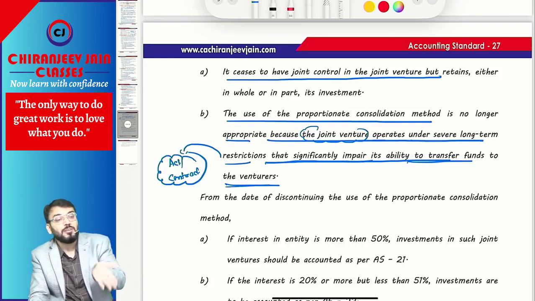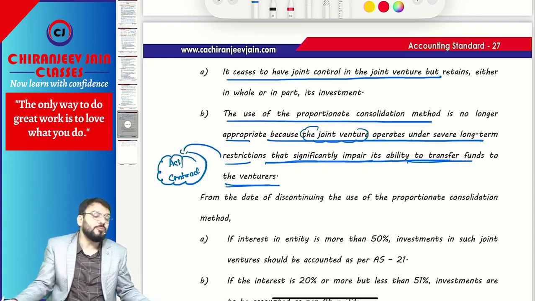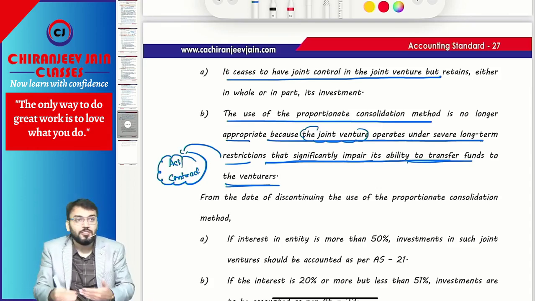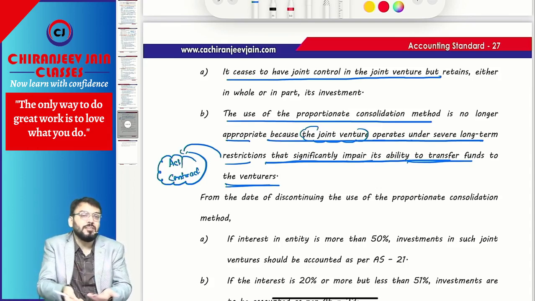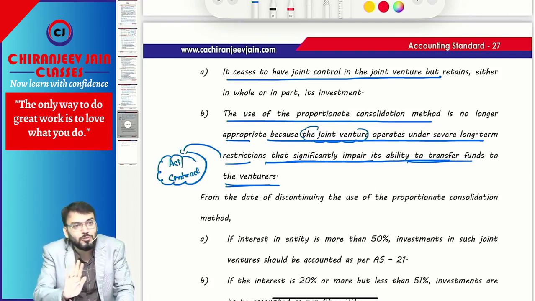So ultimately the venturer is not enjoying any economic benefit. If they are not enjoying economic benefit, then there will be no joint control, no PCM required, and no consolidation.